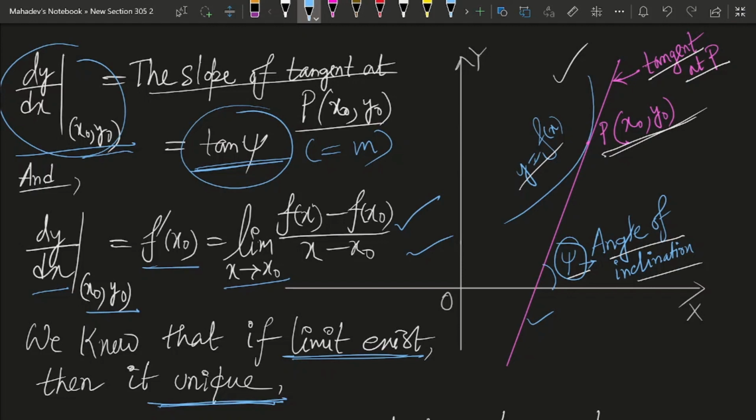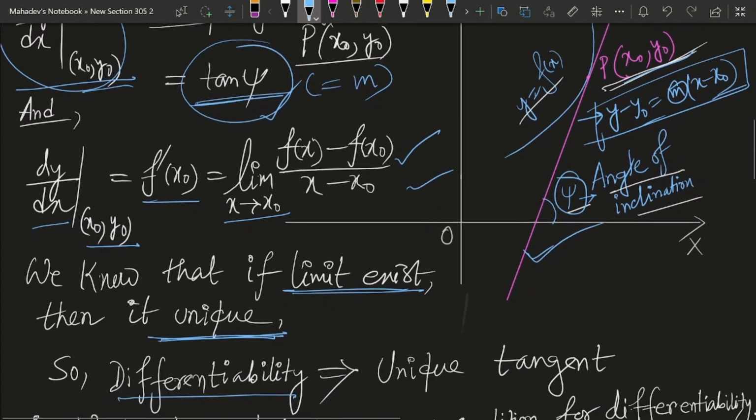So what will be the equation of this tangent line? y minus y naught is equal to m into x minus x naught. Now your gradient m is unique, and the point (x naught, y naught) is also unique. So the equation of the line is unique, so you find a unique tangent.